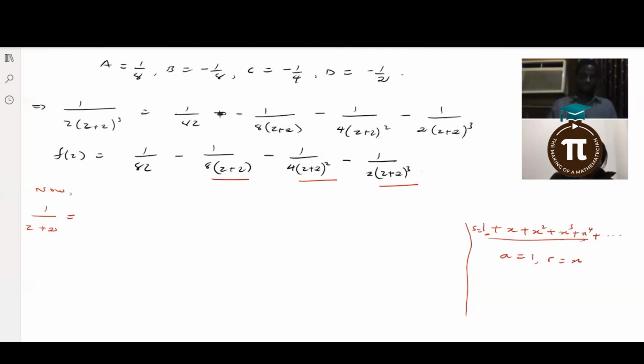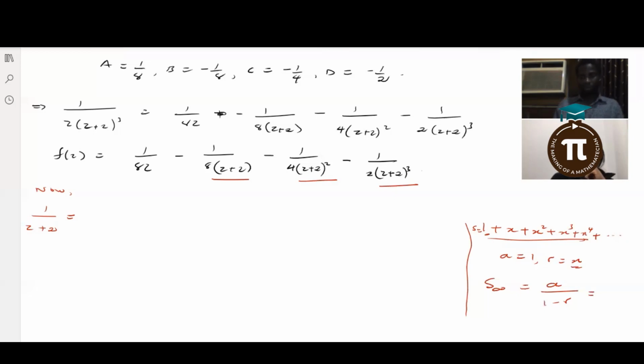The common ratio is the second term divided by the first term, that is x divided by 1, which is x, or x squared divided by x, the answer is x. In GP, the sum to infinity is always given as a over 1 minus r, although the condition for this is that the absolute value of r should be less than 1.